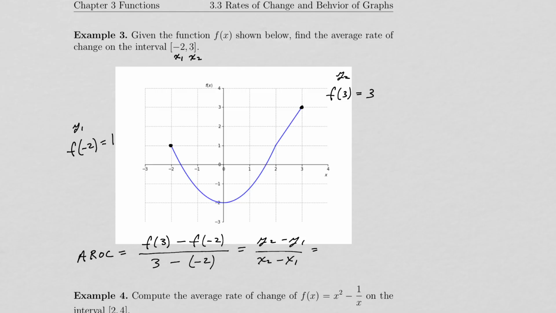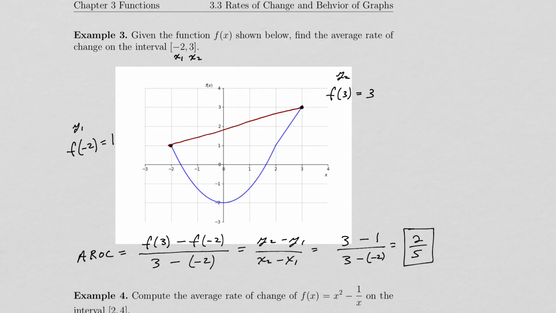Same thing, it's literally just a slope. What we're calculating is the slope of the line that connects those 2 points. It's the slope of that red line there. So f of 3 is equal to 3, or y2 is equal to 3. f of -2 or y1 is equal to 1. And then x2 minus x1 is 3 minus -2. So this is just going to be 2 over 5. So that is the average rate of change. It's the slope of this red line.